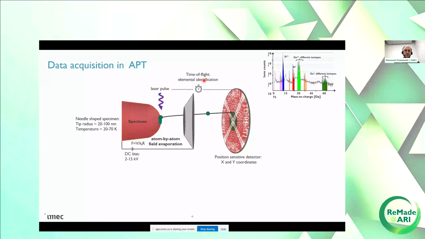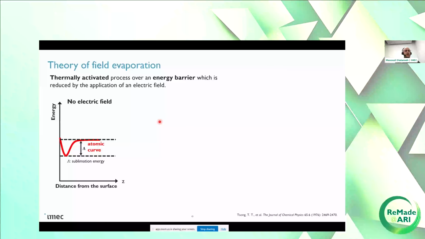I would like to also briefly introduce the theory of field evaporation and how we actually remove the atoms from the specimen surface. Theory of field evaporation: this is a thermally activated process over an energy barrier reduced by the application of electric field. What you see here is a simple one-dimensional potential energy.